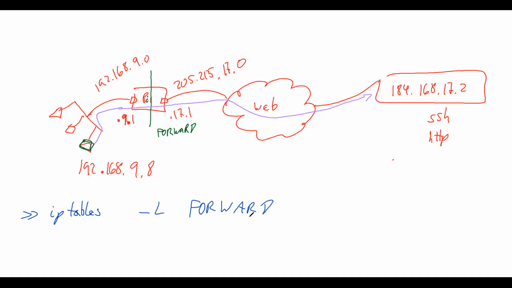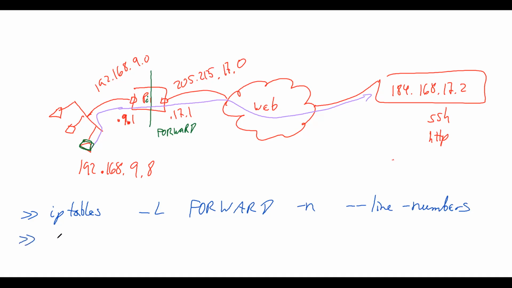So if you put your rule at the very end, there might be some rules before it that supersede it. So you want to be careful about that. So you do dash L forward, dash n, dash dash line-numbers. Okay, like that.